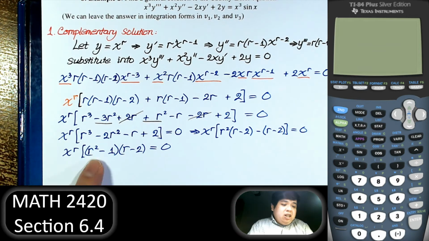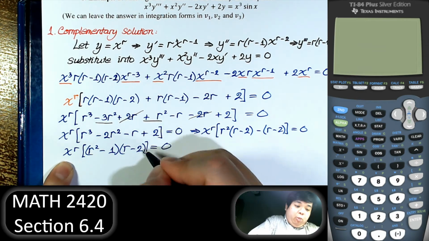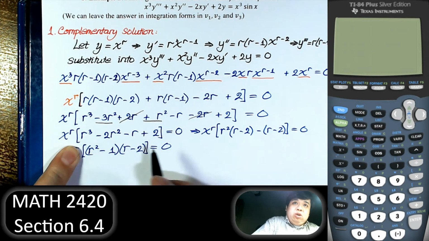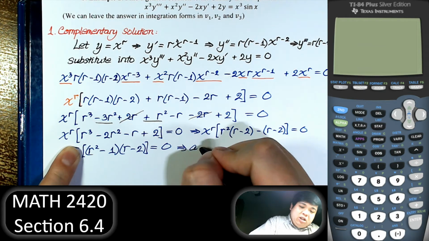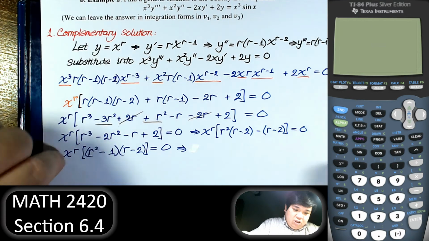By the way, this works for every x. We'll have to have r squared minus 1 and r minus 2. So this is kind of like the auxiliary equation or characteristic equation. We're just going to drop the x to the r.